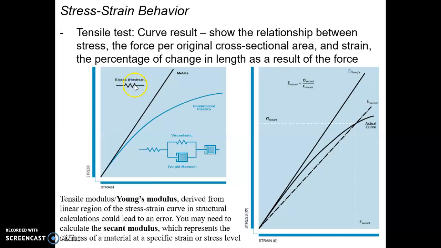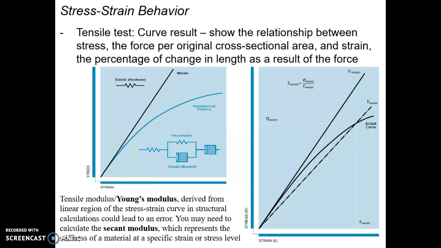Because of the viscoelasticity, the unreinforced plastic material tends to exhibit non-linear behavior through much of its operating range. So even at low strain, plastic tends to exhibit some non-linear behavior.